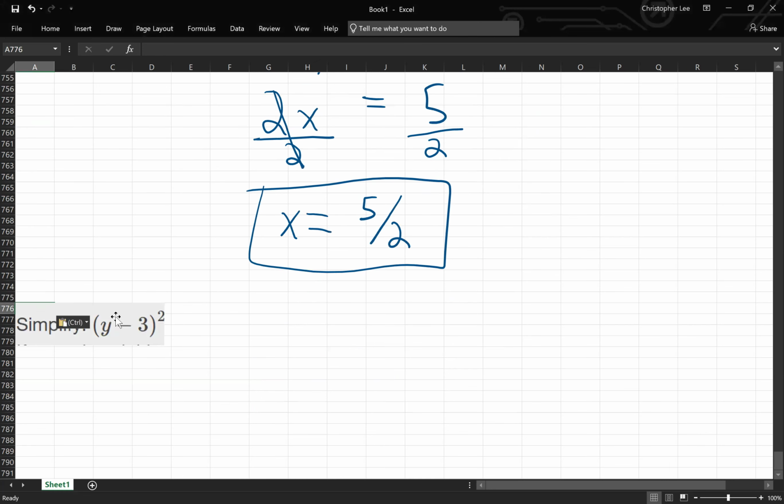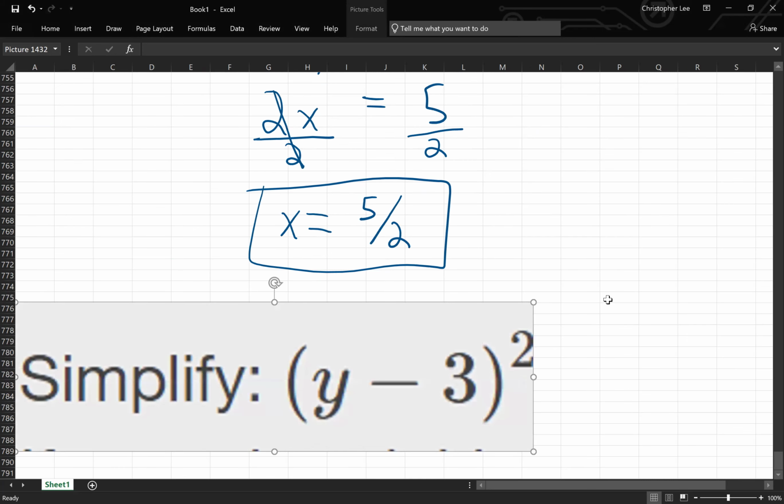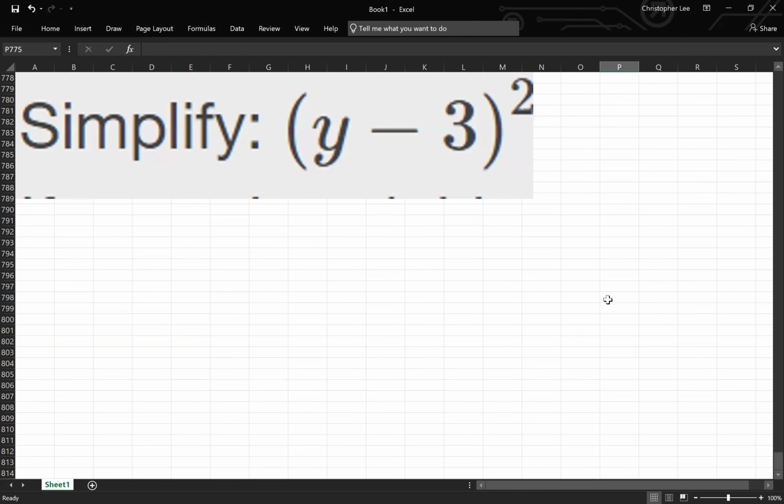How about this? So we want to simplify y minus 3 squared, right? So remember how we did this? This is also the same thing as y minus 3 times y minus 3. And you distribute, combine like terms, all that good stuff.